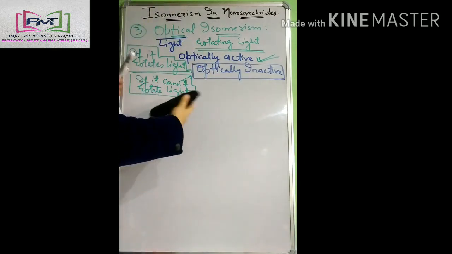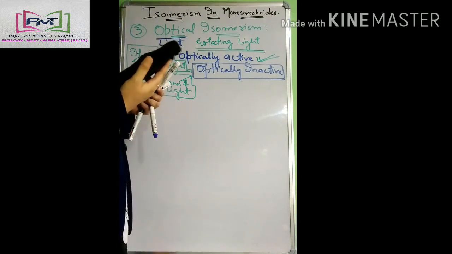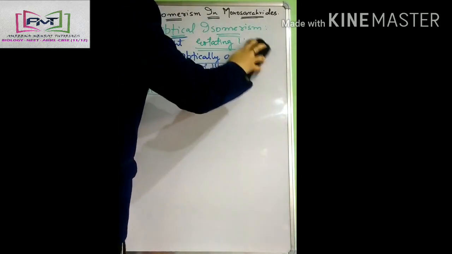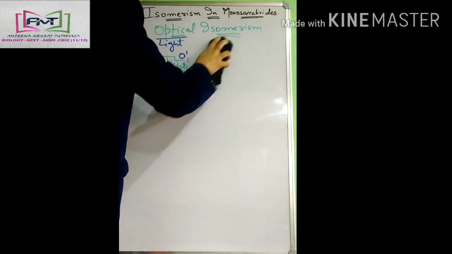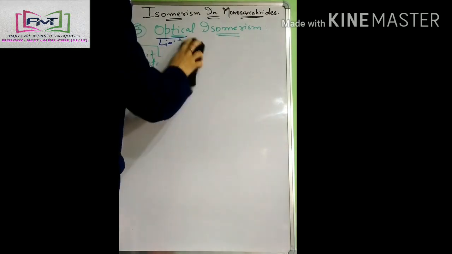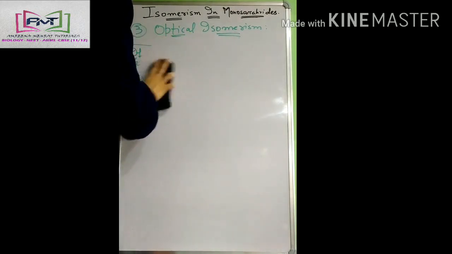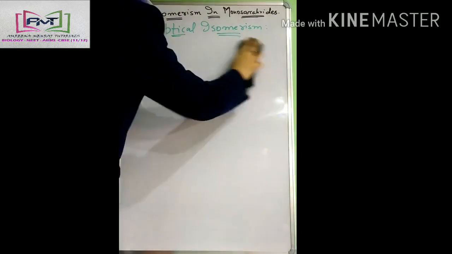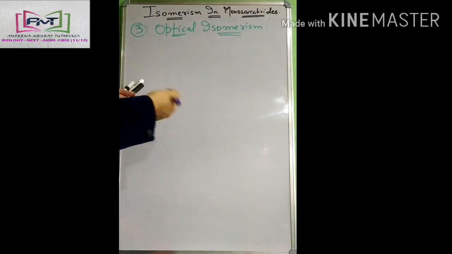Now let us try and understand what this optical rotation or optical activity means, and how do we come to know whether our monosaccharide will rotate light or not. What is that instrument in which this type of activity is measured, and what will those substances be called? Okay, let me take you to this beautiful world of physics which I love very much.